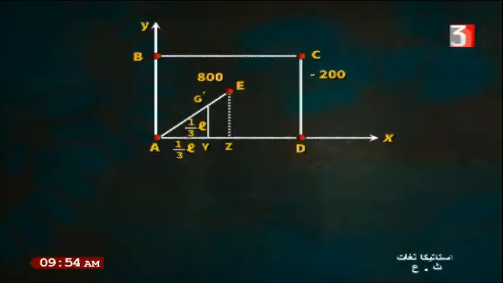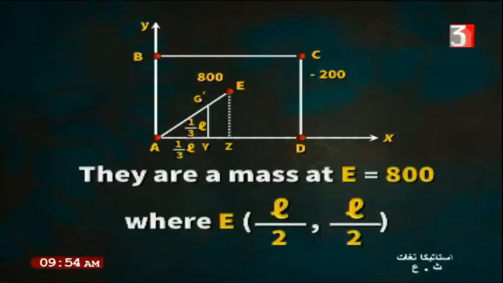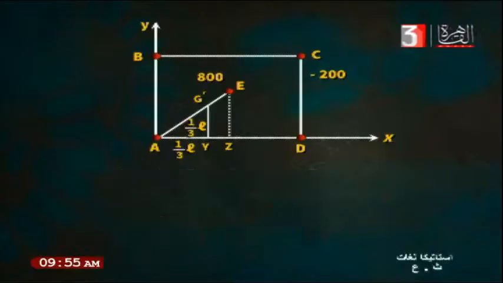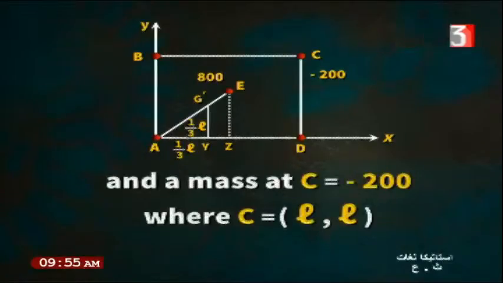Then the mass at E is 800. Why? The mass of the system. Its center of gravity from the previous is L over 2, L over 2. But at C it became negative 200.